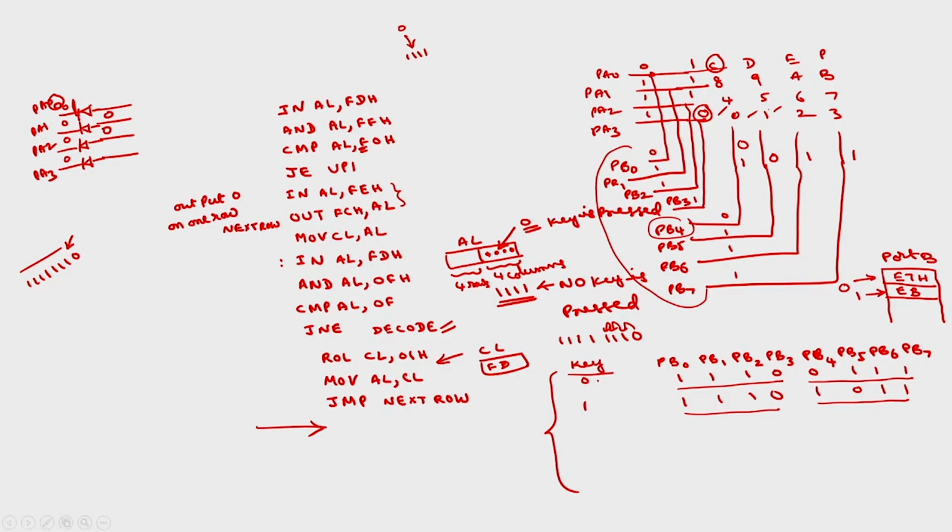So for the 0 press, this will be 1110, because the 0 key is present in this row and column. What is the hexadecimal equivalent of this one? If I receive this, it means there is a 0 key press. So the code will be E7. Corresponding to 1, this will be EB.